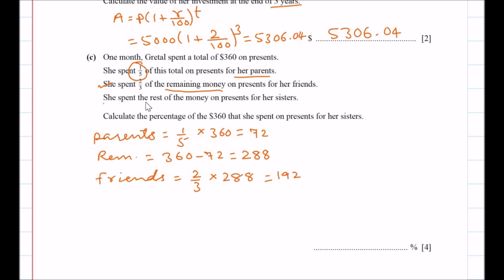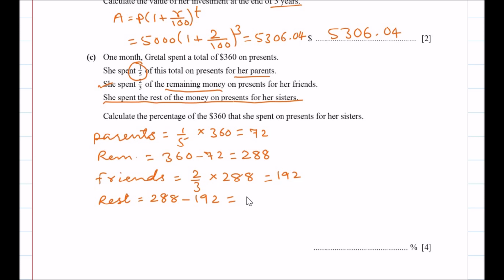Okay. Now, next line. It says she spent the rest of the money on presents for her sisters. Rest of money. So from 288, she spent 192 on her friends. So what is the rest amount? Rest will be 288 minus 192.